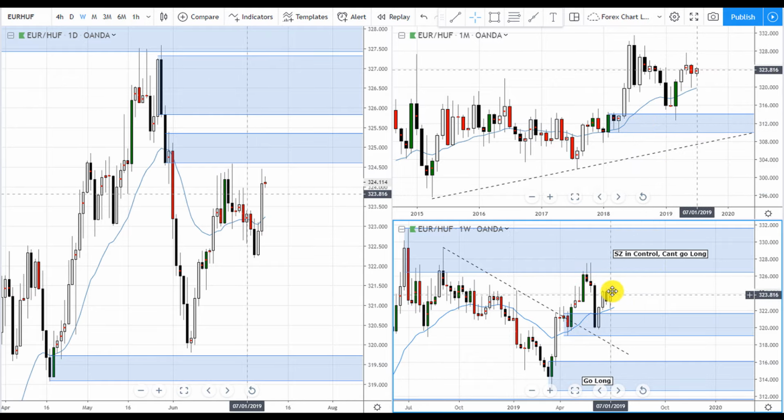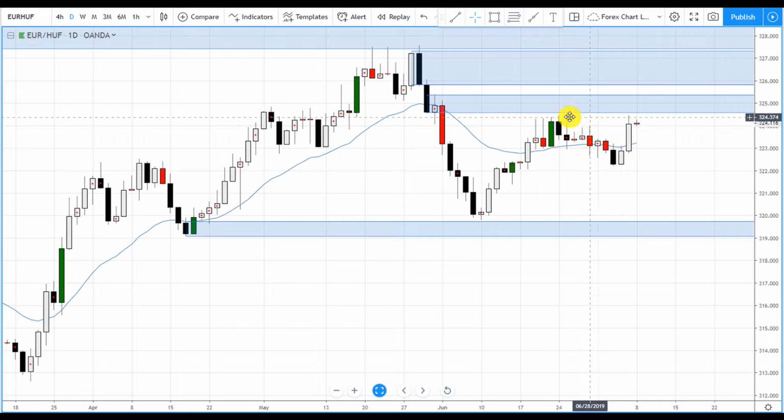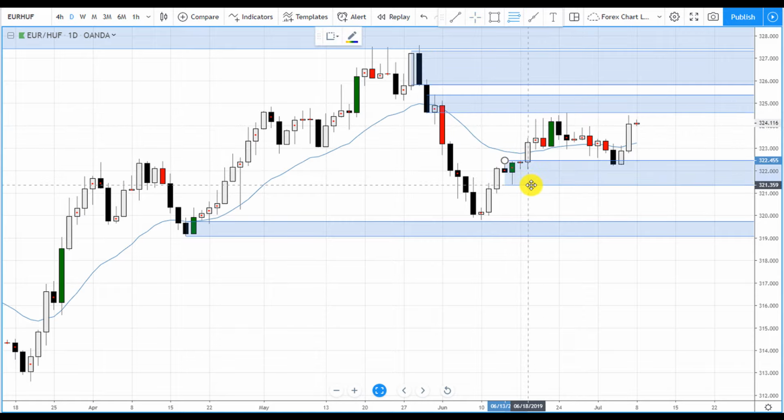These areas are technically not demand zones because they didn't really do anything. They just had these impulses, so I wouldn't take these trades, but it is a strong impulse and it is keeping price up.